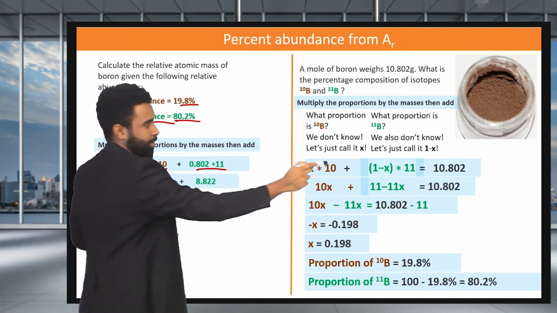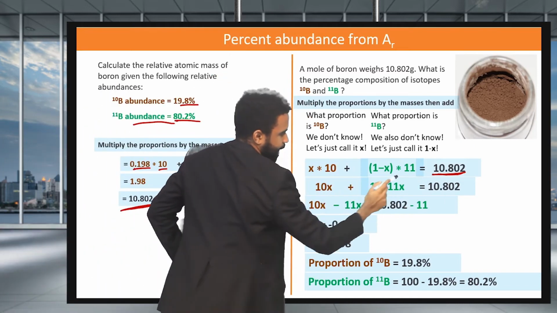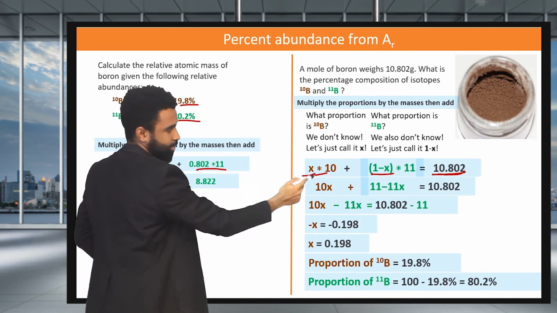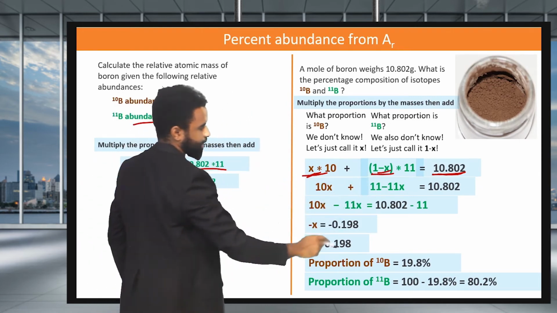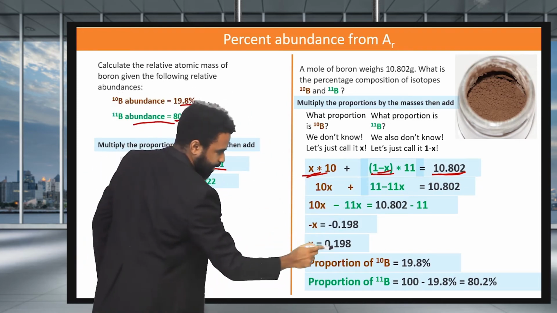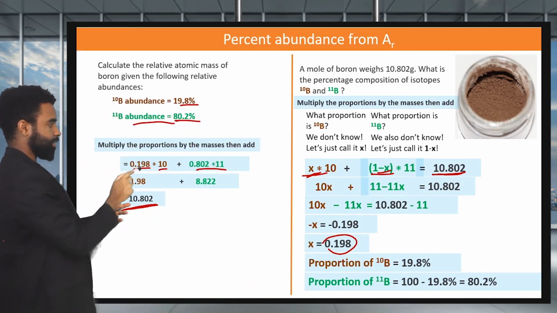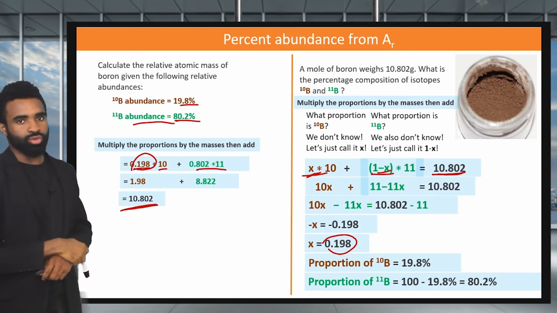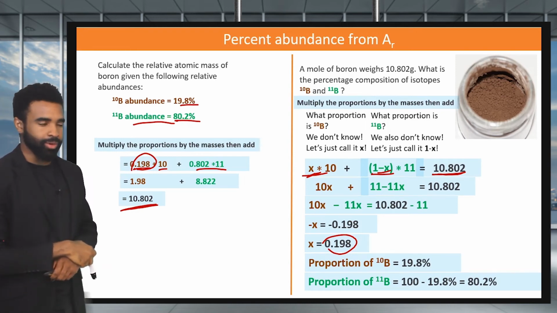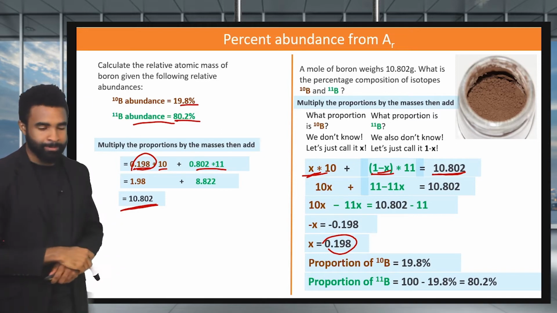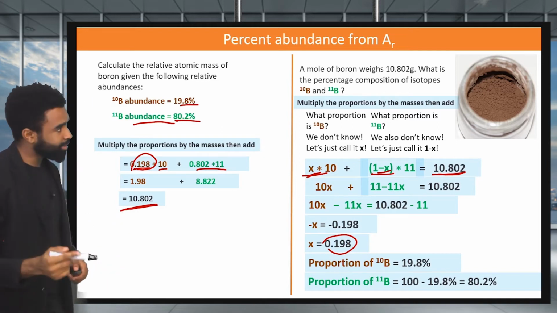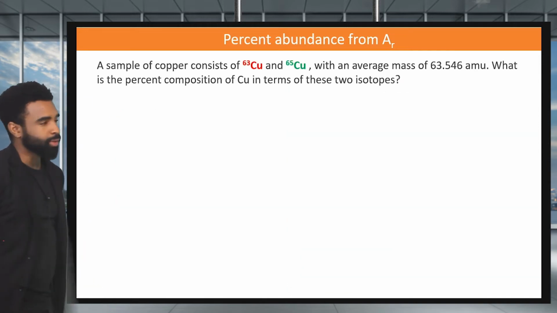There, we were given the relative atomic mass, and we don't know the relative abundances, so we just call them x and 1 minus x, and we use those in the end to find these relative abundances. The 0.198 here, all right, and the 0.802, which is just 1 minus 0.198. Pause the video and process this. When you're done with that, let's move on now to another question.